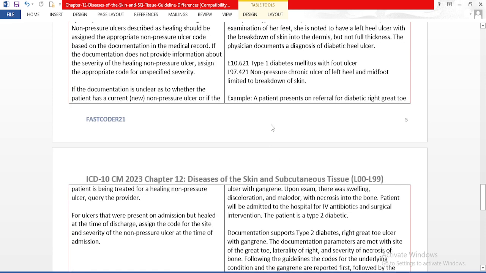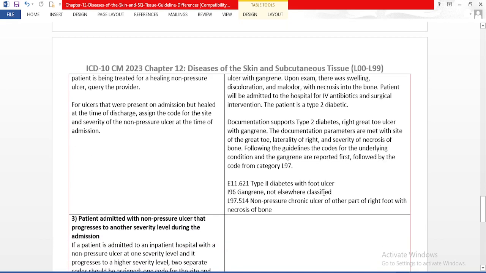So here we have one more example. A patient presents on referral for a diabetic right grade 2 ulcer with gangrene. Upon exam, there was swelling, discoloration and malodor with necrosis into the skin. The patient will be admitted to the hospital for IV antibiotics and surgical intervention. The patient is a type 2 diabetic.